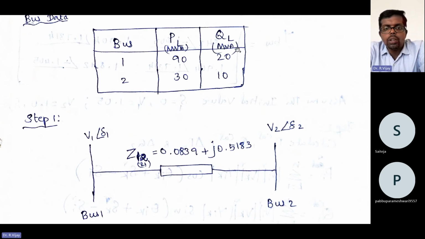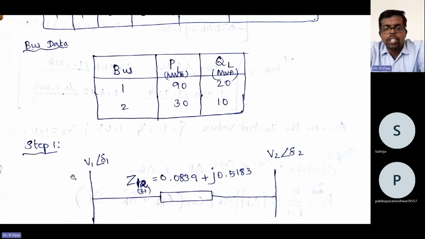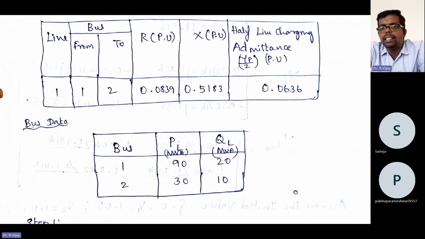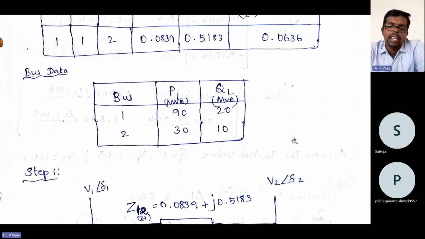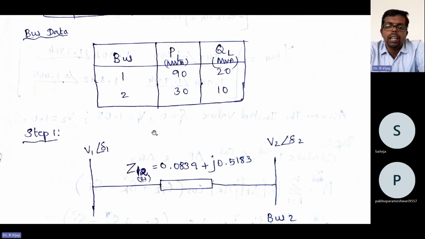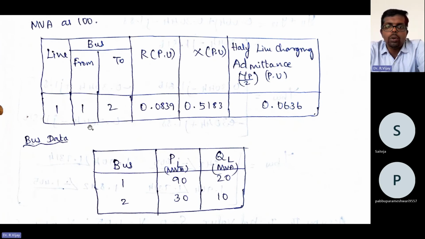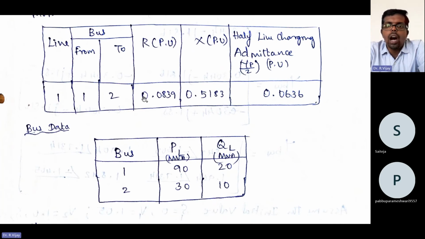So here also you will be having 0.03636, and here also you will be having 0.03636. And from the data, Z12 is equal to R plus j into X. So R is 0.0839 plus j into 0.5183.